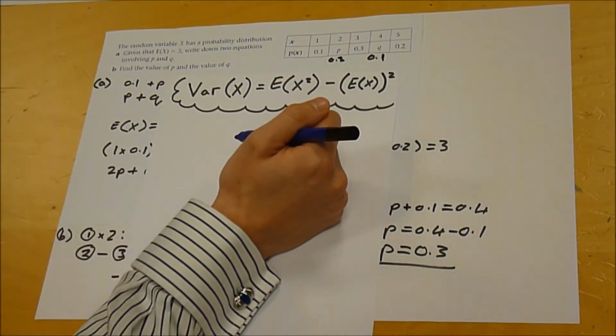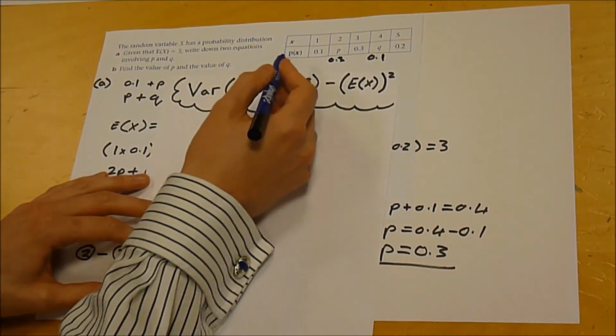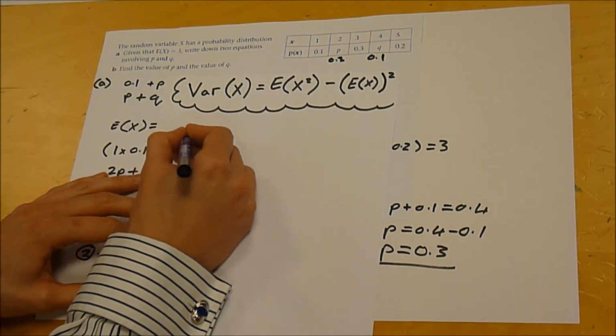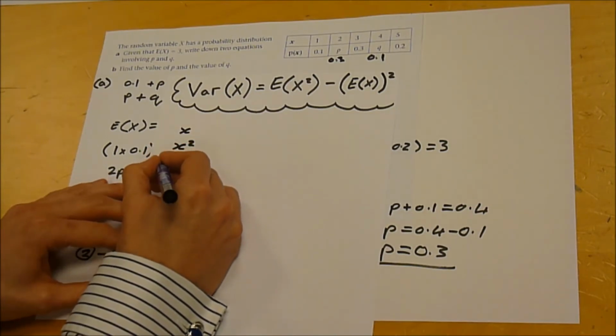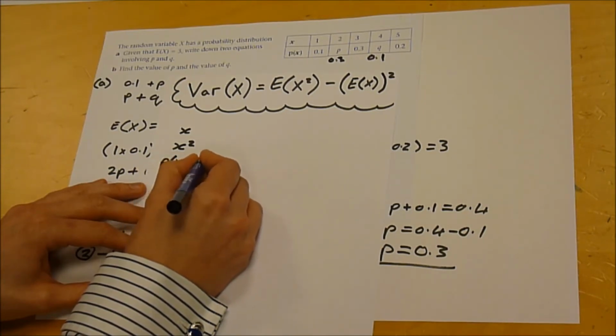So, the first bits I'm going to do is redraw my distribution, and I'm going to put in a row for x squared. And then I'm going to put my probability of X equaling x squared.